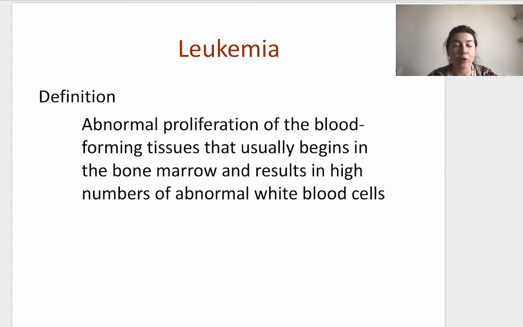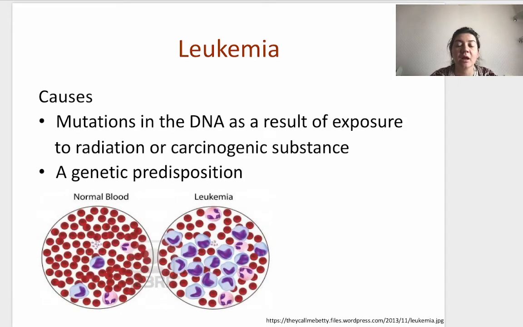Leukemia. Let's stop on this name and this group of diseases. Definition. Leukemia is abnormal proliferation of the blood-forming tissues that usually begins in the bone marrow and results in high numbers of abnormal white blood cells. Causes of leukemia: mutations in the DNA as a result of exposure to radiation or carcinogenic substances, and genetic predisposition.